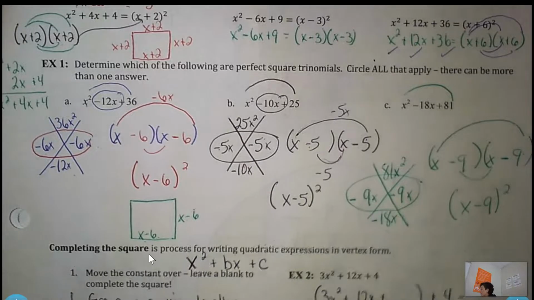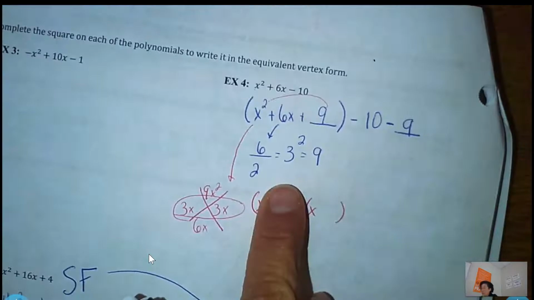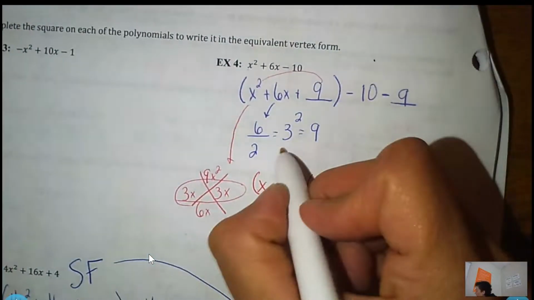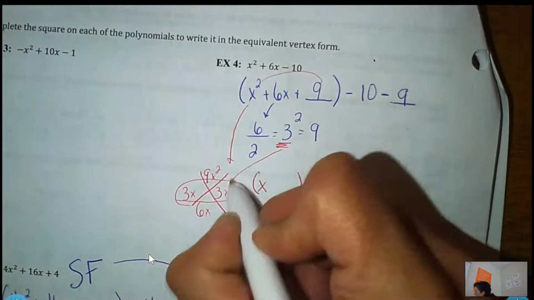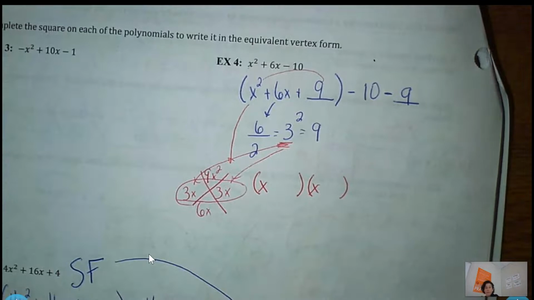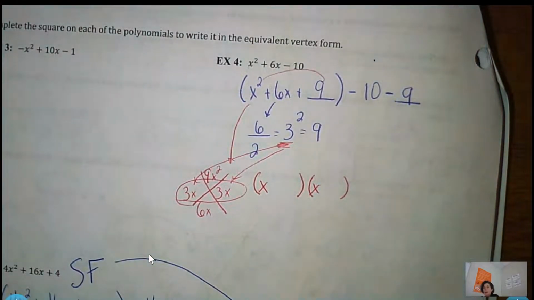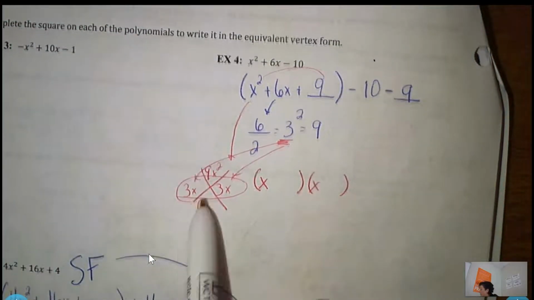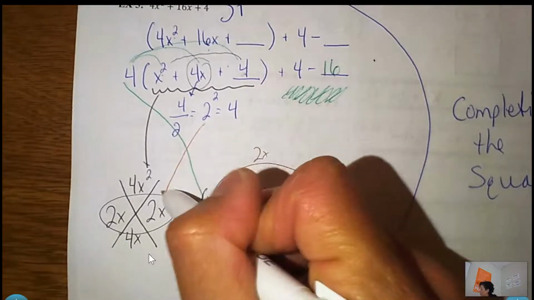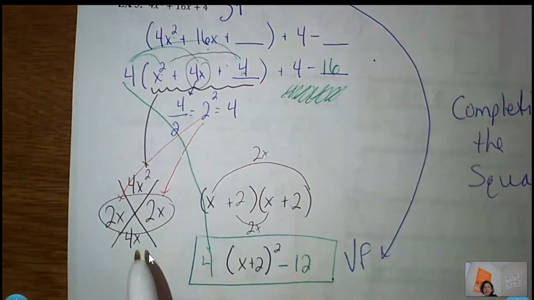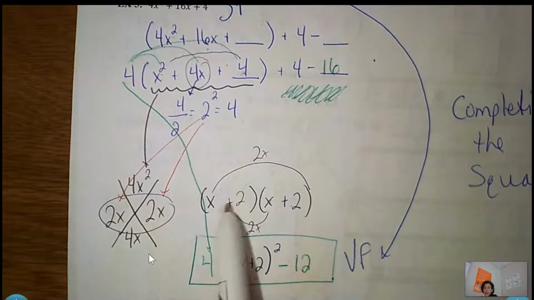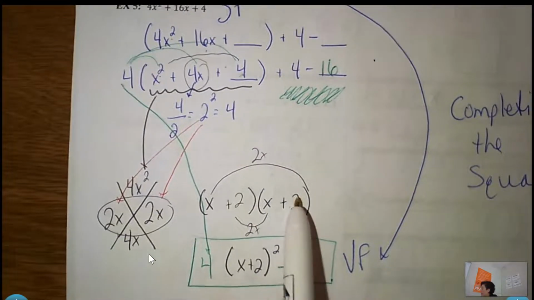So let me show you the shortcut. If you write this step out, do you notice how your cut in half number is this side number? Okay? As it turns out, so here's that number. Boom. Boom. These numbers without the x's are what go in here. 2 and 2.